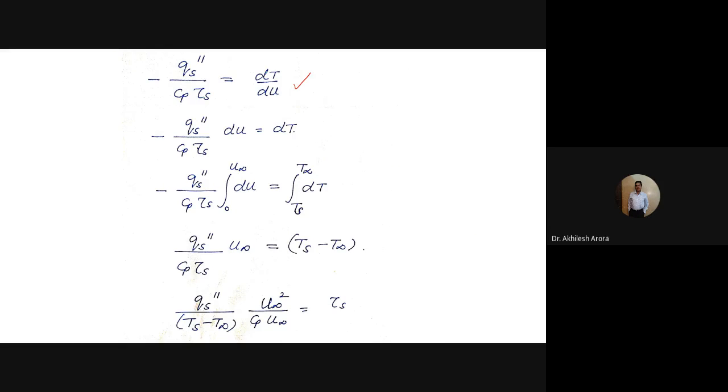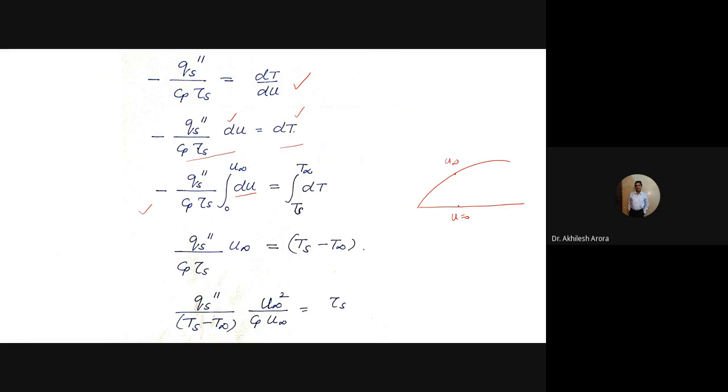So once again, same equation. Now I can separate dT and du, so it is du on dT. Finally I can integrate this equation. The du can be integrated between 0 and u infinity, because at the surface the velocity of the fluid would be u equal to 0, whereas at the boundary layer end it would be equal to u infinity.